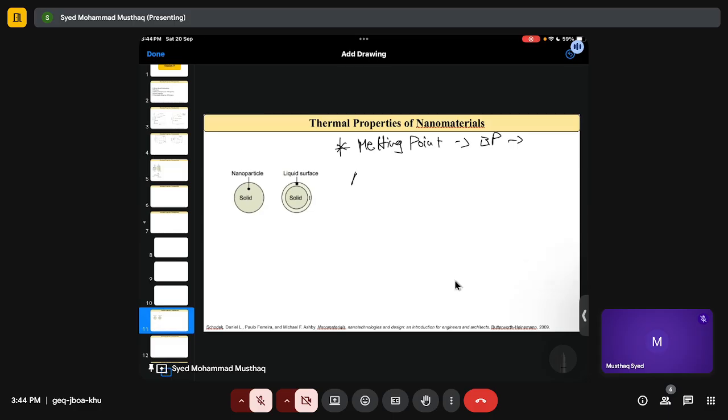Free energy should be negative for a reaction to happen, as we have all studied. For any reaction to take place, we want the total free energy to be negative. When the solid is melting, the free energy of liquid minus the free energy of solid should be negative.